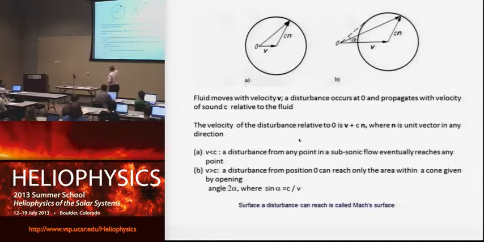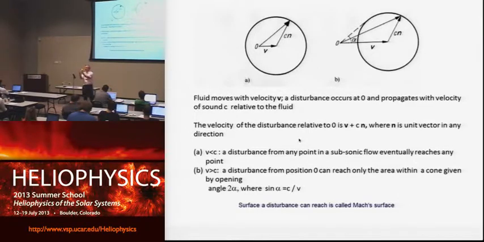But if, on the other hand, the thing that is creating the disturbance is moving sufficiently fast, then it creates a disturbance, and that disturbance expands at the sound speed, but the thing creating the disturbance is moving faster than the sound speed. So it will basically leave the disturbance behind it.